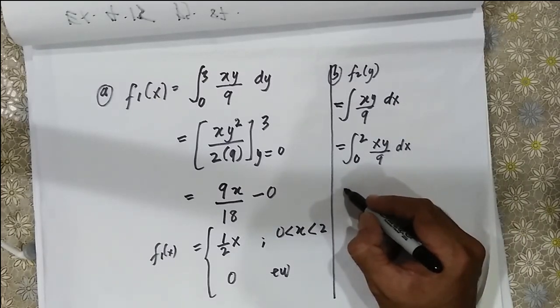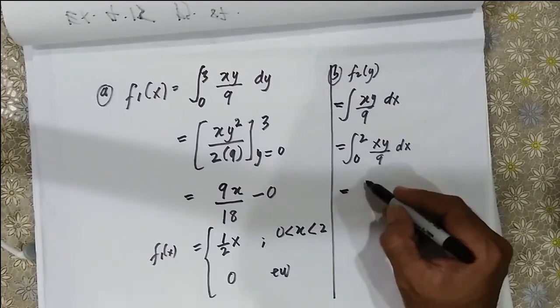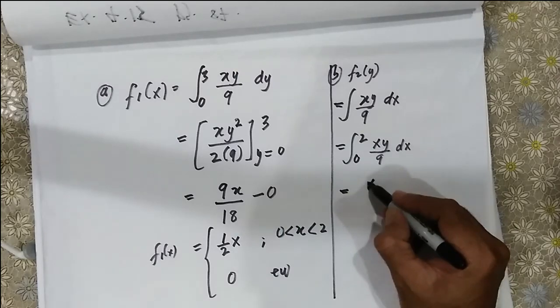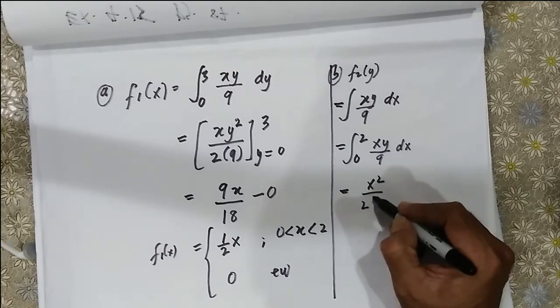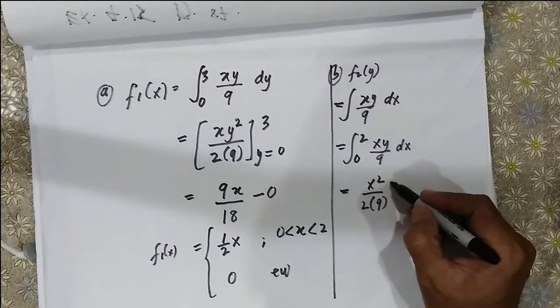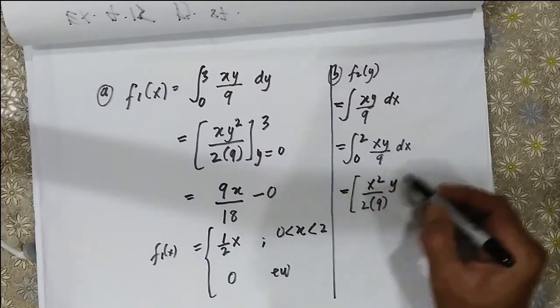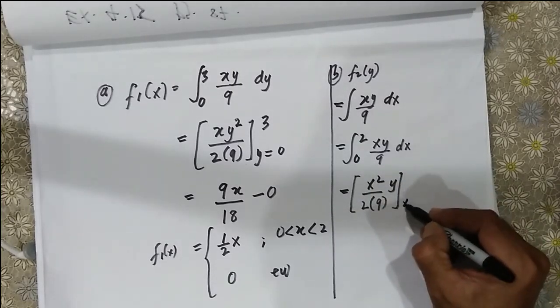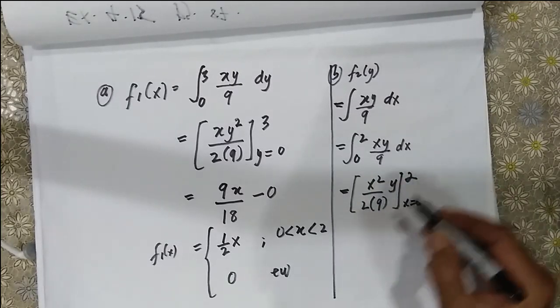If I integrate this function, I will get x squared over 2 multiplied by 9, times y, then substitute for x from 0 to 2.